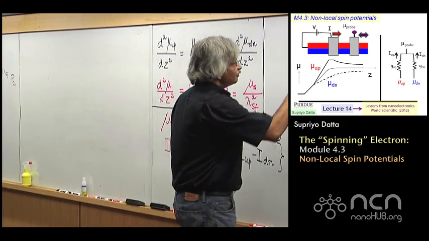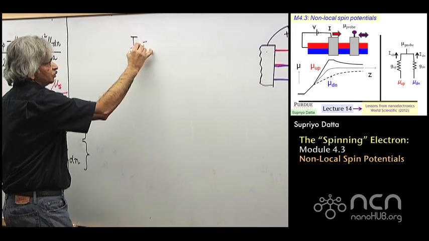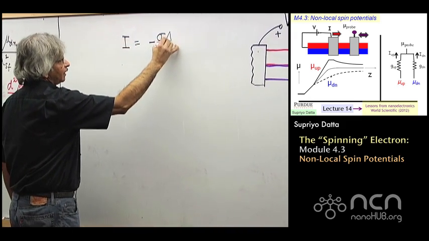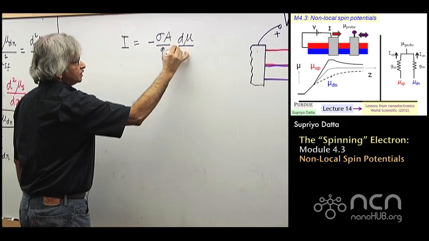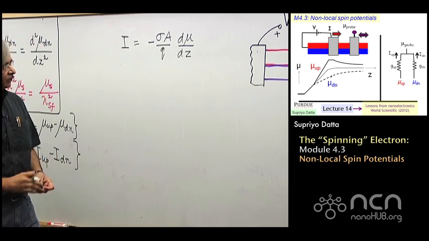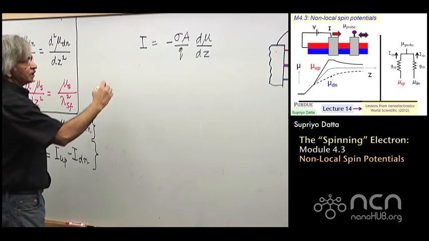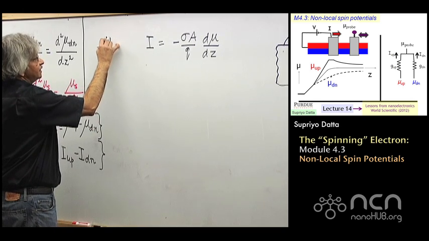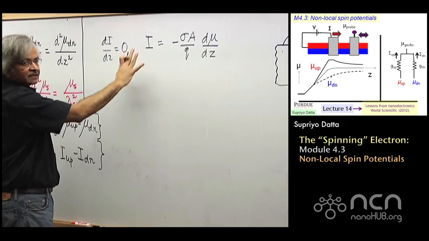The usual diffusion equation would say current is equal to minus sigma A divided by q times d mu dz. That is, current is proportional to the gradient of the electrochemical potential. And when you're doing things in one dimension, we know that dI dz should be 0. So that's the usual thing.